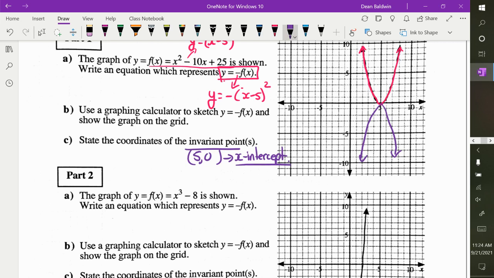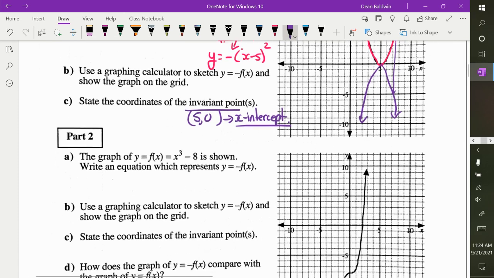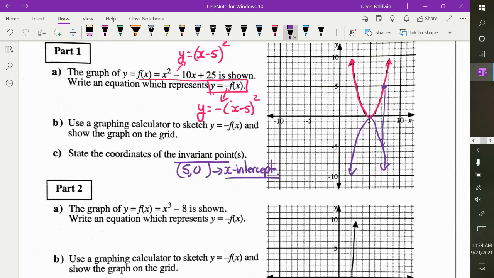And you can see visually that every y value, so this is a y value of plus 5, becomes negative 5. You're basically just putting a negative in front of all the y values.